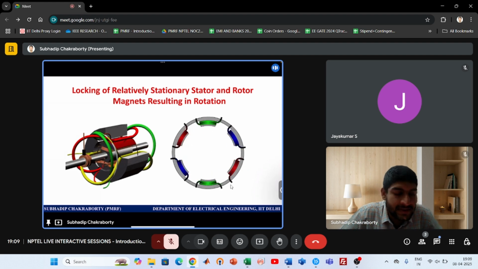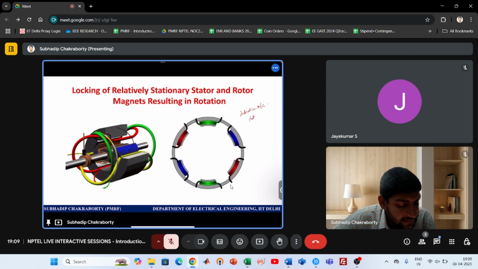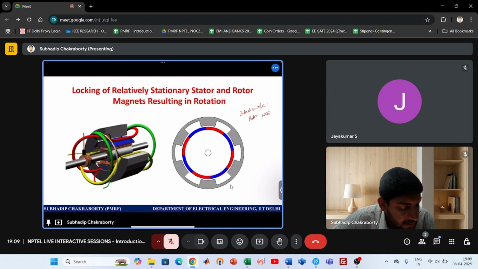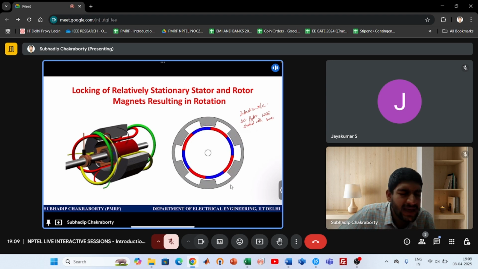Unlike that, in the asynchronous machine, which is the induction machine, what was the idea? The idea was in the induction machine, which was a singly excited machine, the rotor was, let's say, a squirrel cage. So the rotor was shorted with bars. So that generated an asynchronous torque, which led to the movement of the rotor.